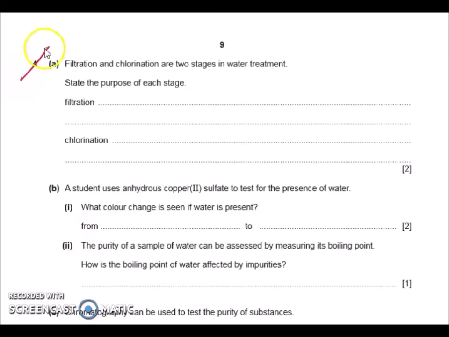For question number 4, filtration and chlorination are two stages in water treatment. State the purpose of each stage. So filtration is usually to remove solid waste from water.